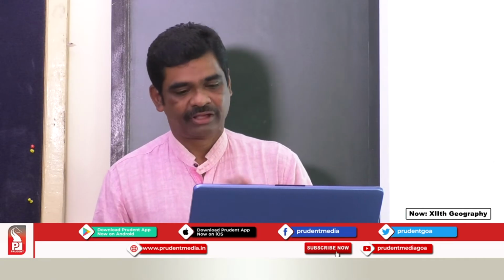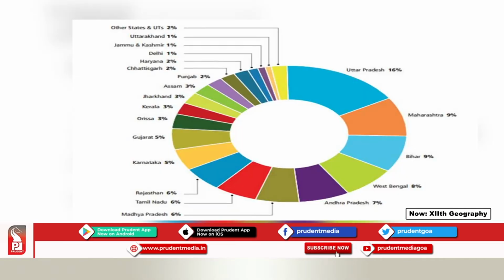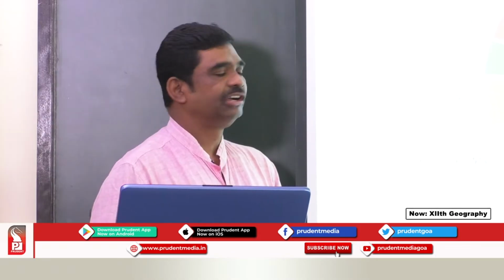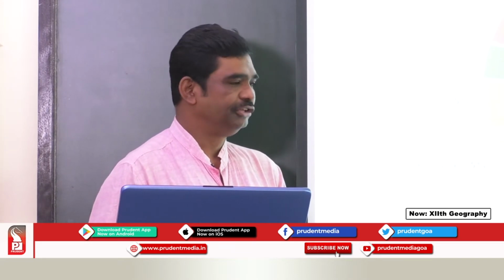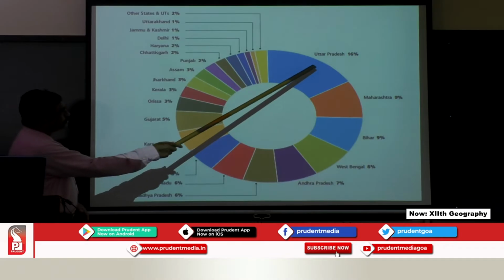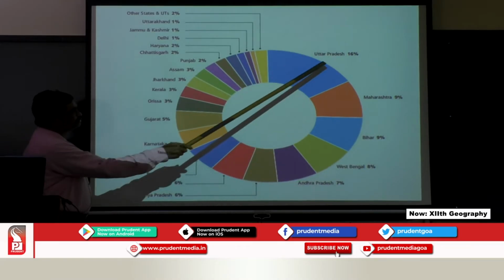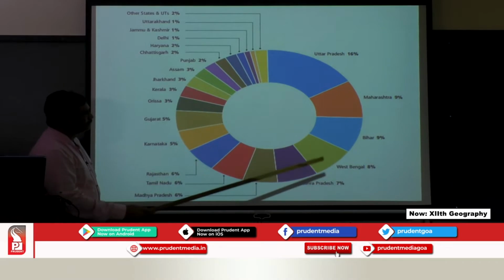Now you can see from this chart, we will understand about the distribution of population in India. Uttar Pradesh is having 16% of India's population.